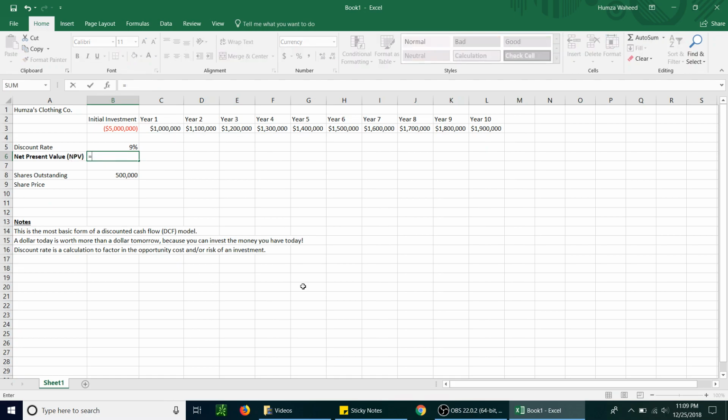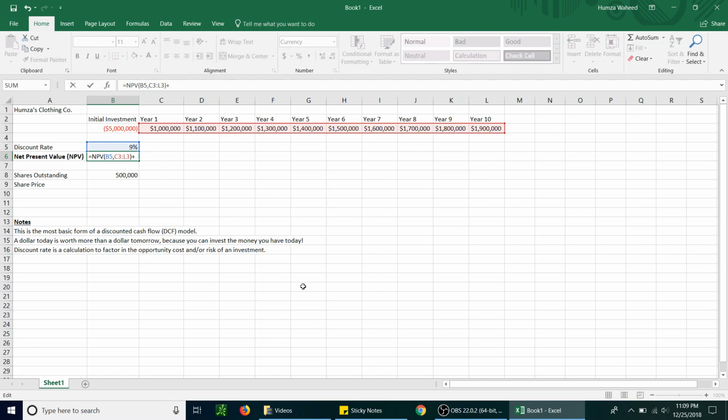So we would calculate out equals NPV using our discount rate of 9% assumed here, and then we would use the 10 years worth of cash flows and press enter. But we have to still add our initial investment, but that would be outside of the formula.